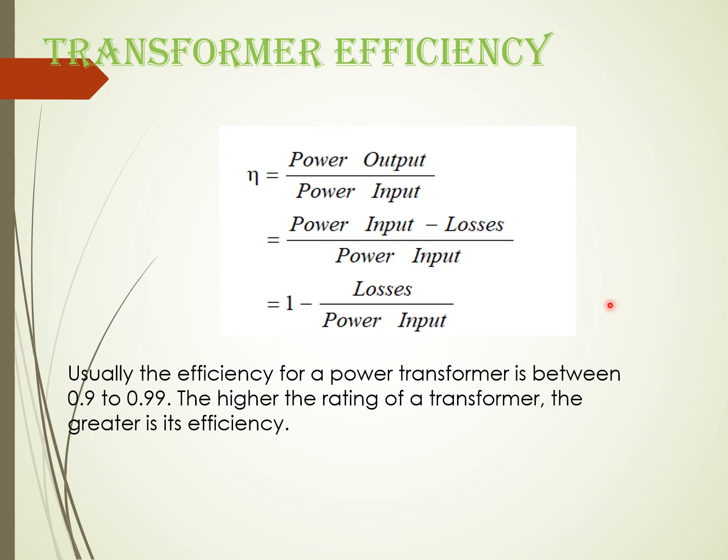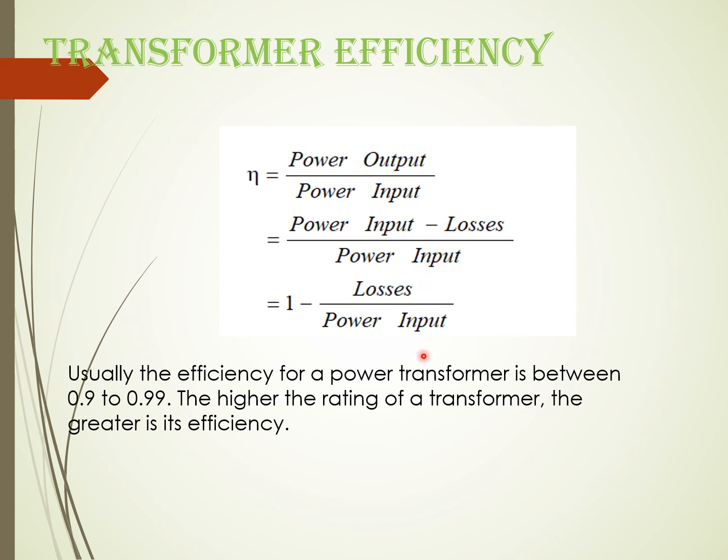Now we can say how efficient our transformer is, and we can define the efficiency of transformer as the ratio of power output to power input. So we can write eta is equal to power output upon power input, and power output is nothing but power input minus losses upon power input.